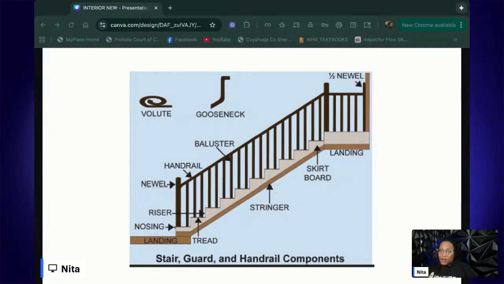For the width of your stairway, it needs to be at least 36 inches wide. This is talking about the entire stairway. And then headroom, which you measure vertically. You need 80 inches of headroom for your steps.